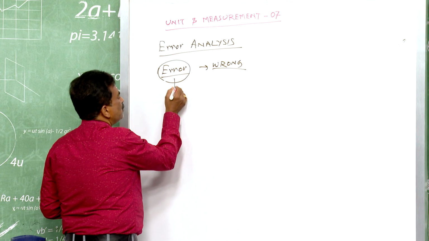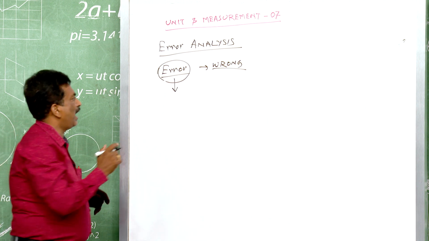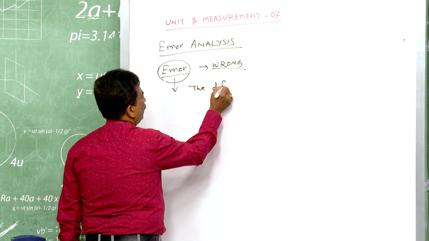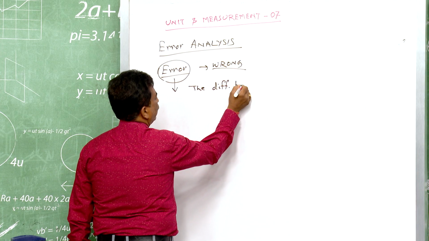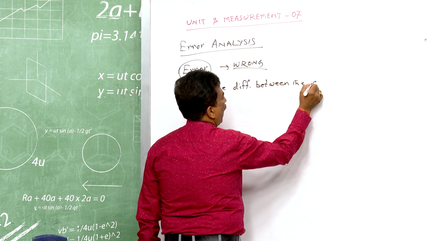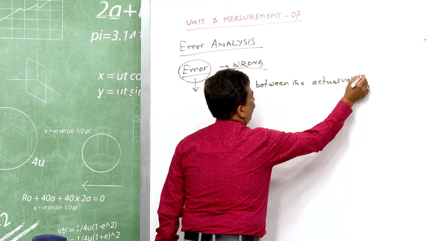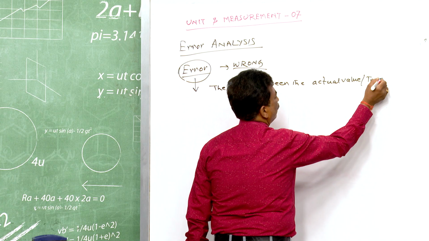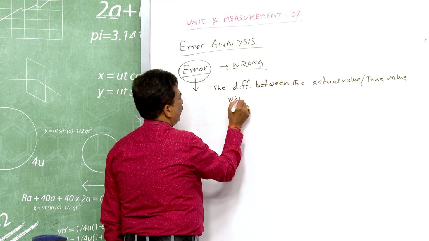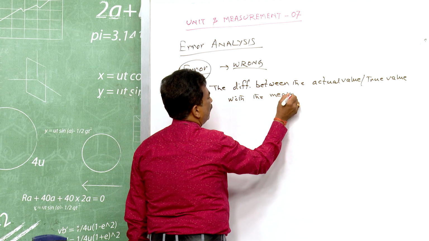So what is the error? Every measurement must have an error, and this error is nothing but the difference between the actual value, or the true value, with the measured value.